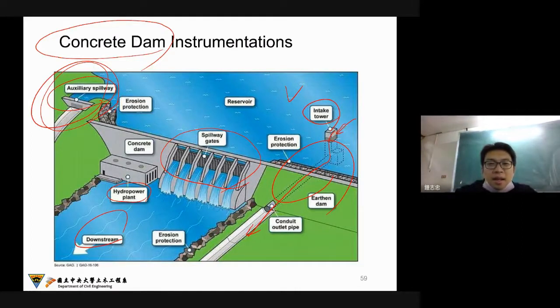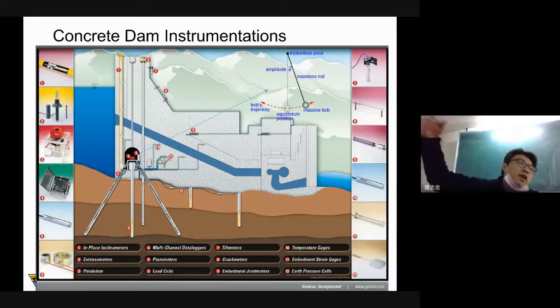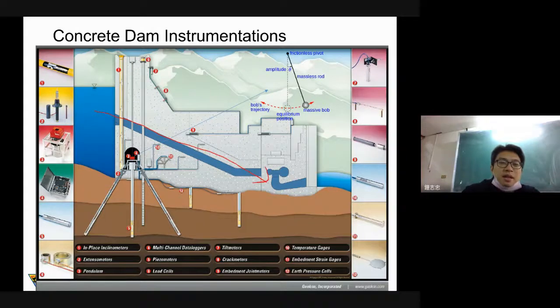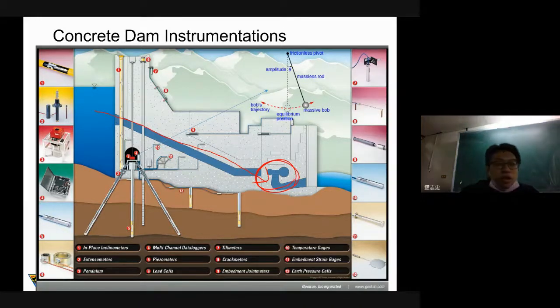Of course, for this kind of concrete dam, next, this is the profile of the concrete dam. Sometimes it may be like this one. This is the inlet for hydropower generation.